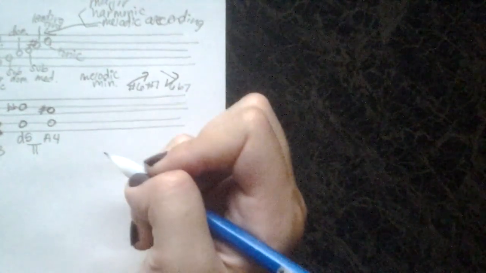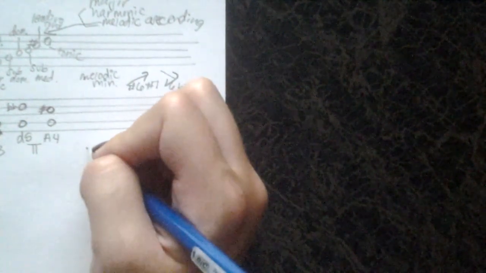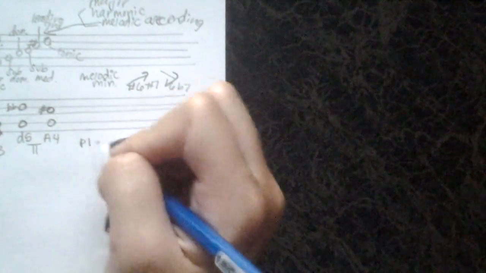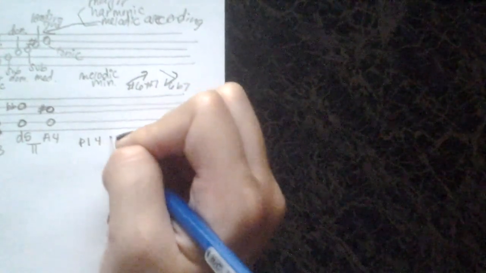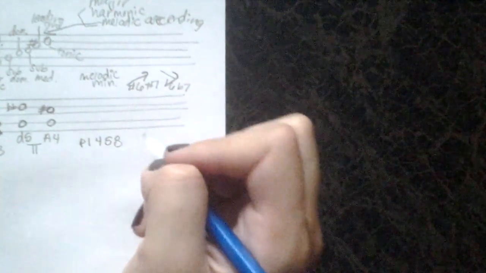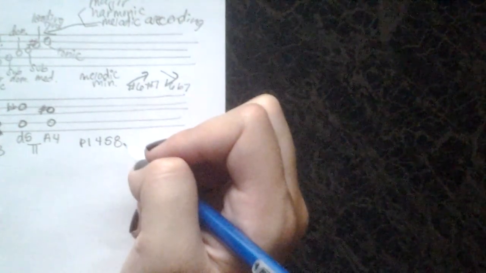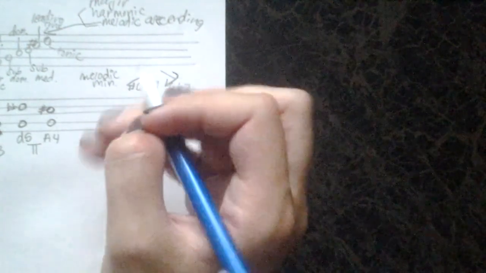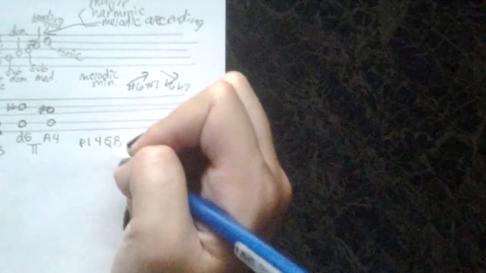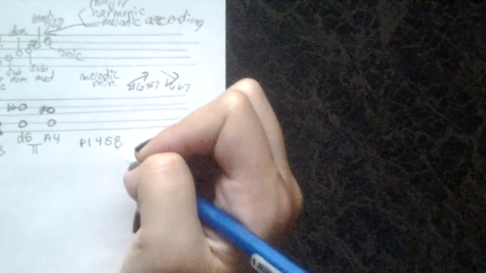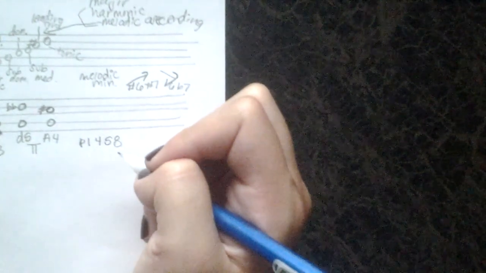Also, remember which intervals are perfect intervals. So we have perfect unison, 4th, 5th, and 8th. Remember that those are the only options for perfect intervals. And when these intervals are perfect, they need to fit within the major key.